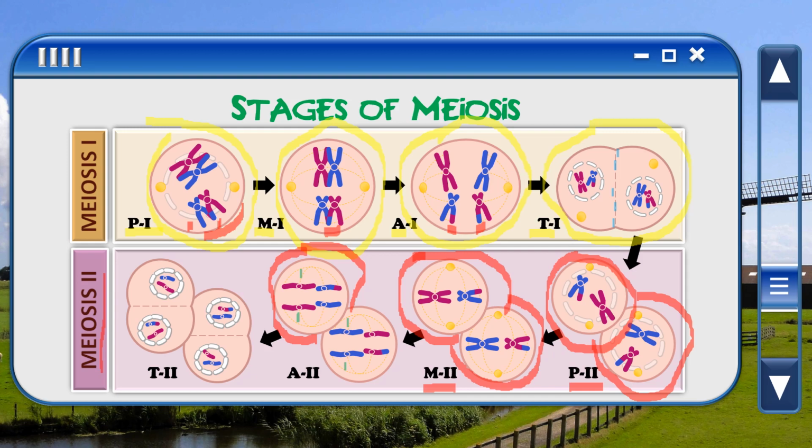Then the sister chromatids reach the different poles, and that is during telophase. In telophase 2, cytokinesis starts taking place, the cell dividing itself in the center, and we end up having 4 daughter cells.